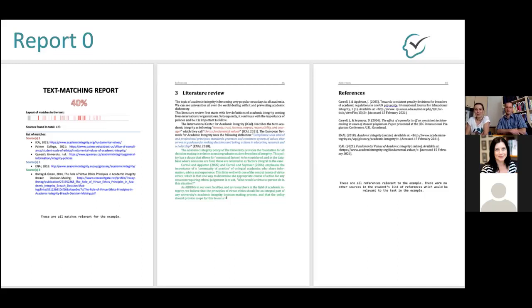So please think a little bit, assess this report, and try to make the decision whether this is plagiarism or not, and share your answer to the Mentimeter.